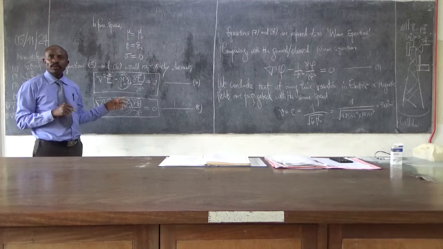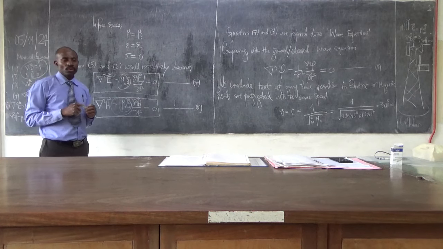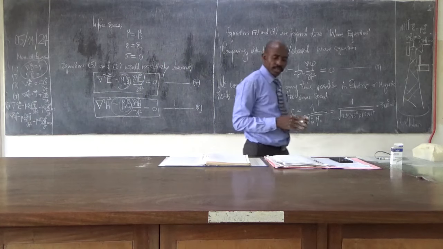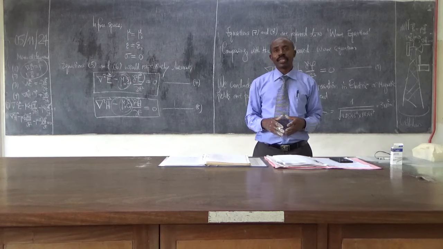Using Maxwell's approach, we've been able to establish that. So I feel we end here, and next week, even if I stopped here, I'm sure you'll be able to understand whatever is remaining.